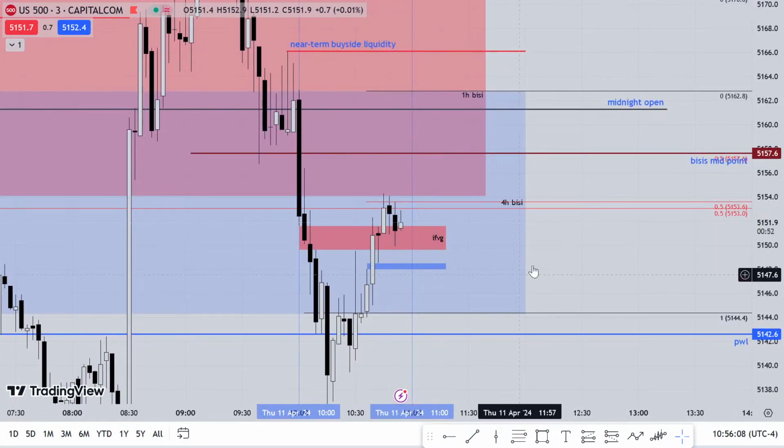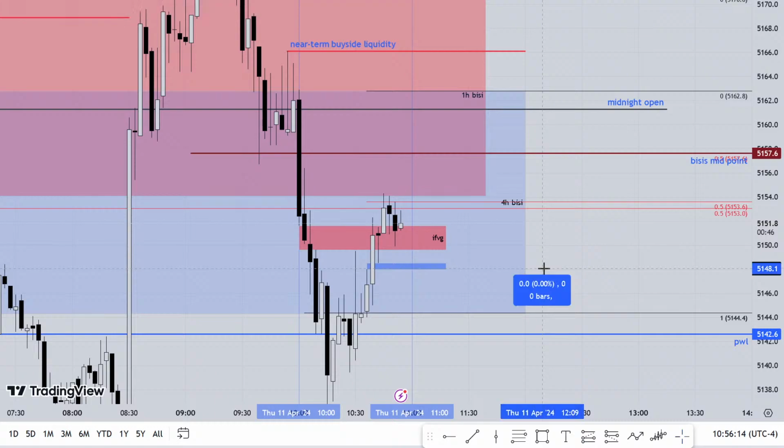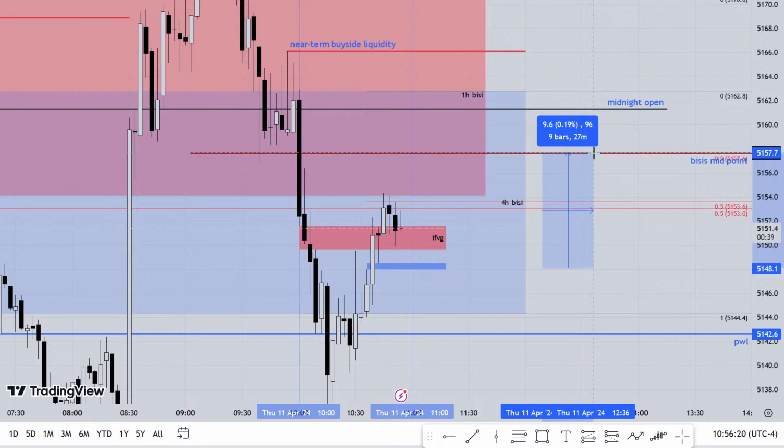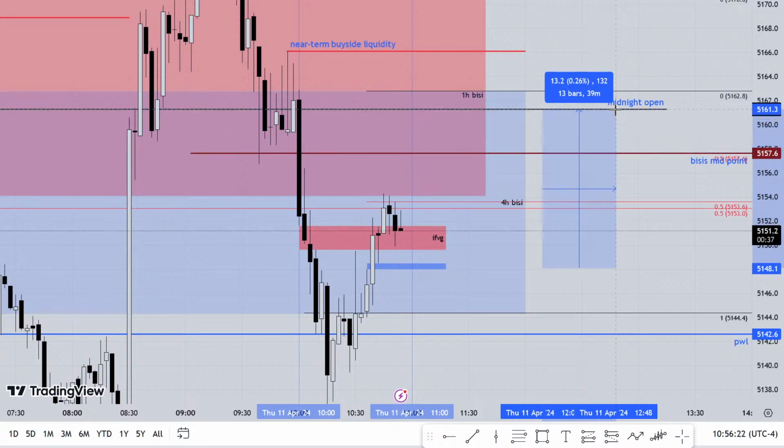So before 11:30, we want to at least see price trade inside of this fair value gap here, and have a value higher back here, at least here, which is 9.6 handles, and here, which is that.